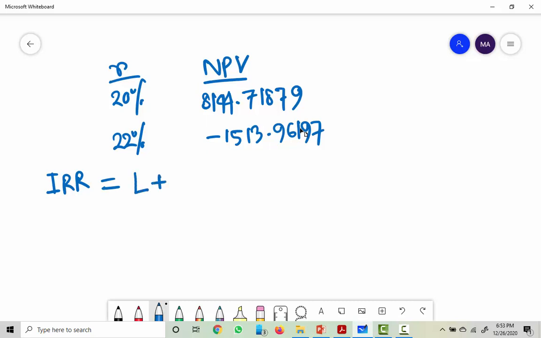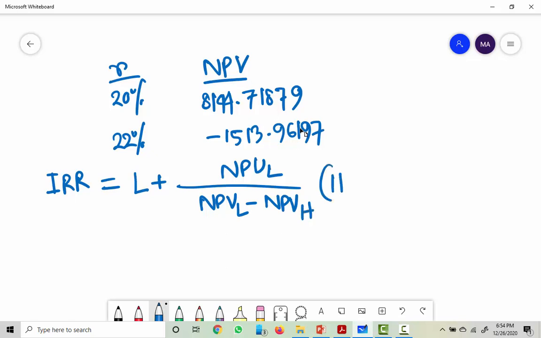L plus NPV L divided by NPV L minus NPV H, multiplied by H minus L. Here L is the lower rate between these two.